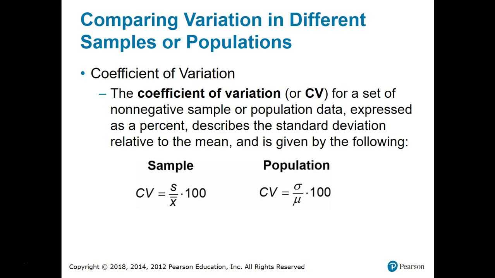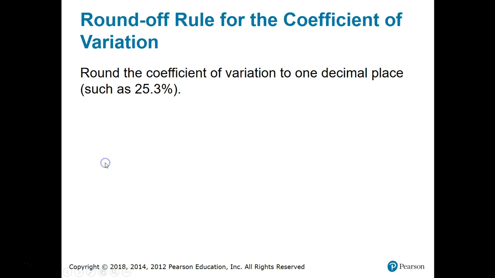All right. So here the coefficient of variation, CV, simply will give us a percentage of how big the standard deviation is compared to the mean. So s over x bar times 100, or sigma over mu times 100.